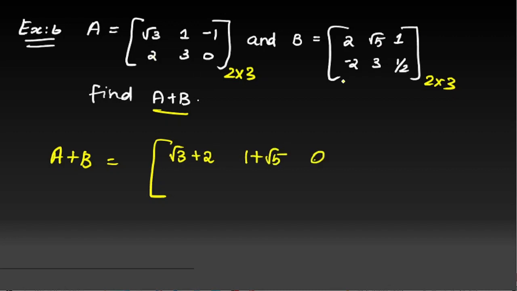Then 2 minus 2 is 0. Then 3 plus 3 is 6. So this is also going to be a 2 by 3 matrix. When you add, you will get a 2 by 3 matrix only. Okay. So let's move on to the next question.